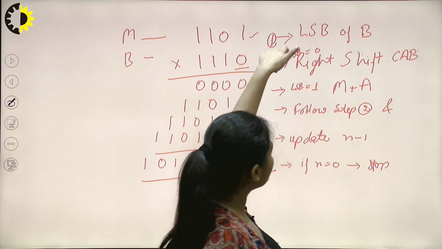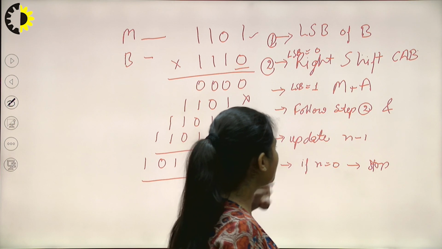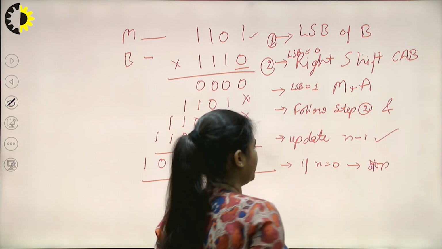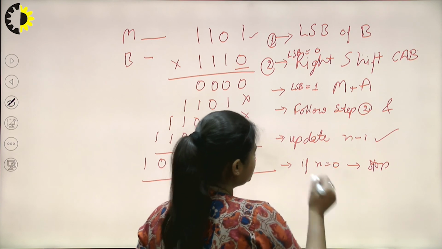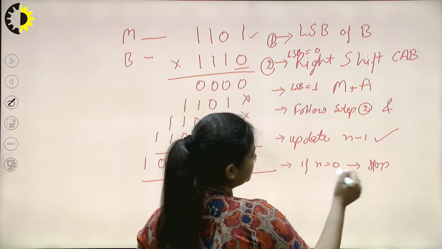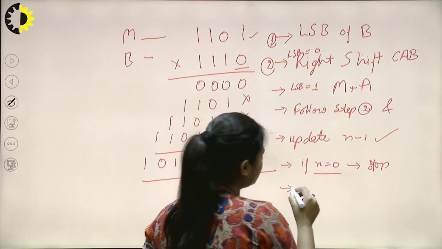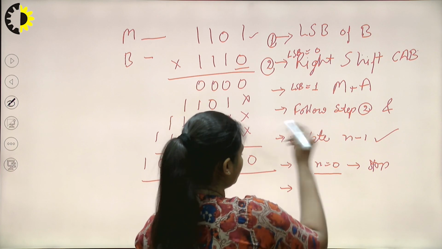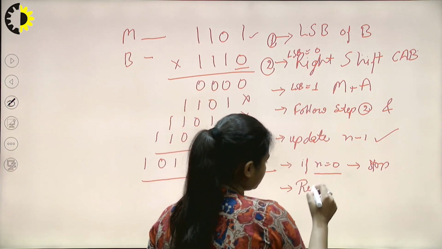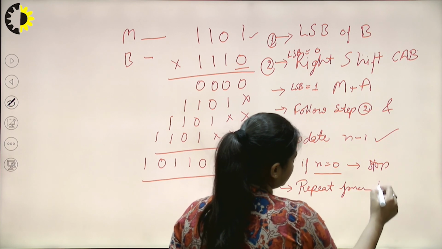Means if LSB is 0 and you have right shifted CAB, then you go to this step. And finally, you update the value of N and check whether N's value is 0 or not. If N's value is 0, then stop. Else, if N's value is something else, then you have to repeat from the first step.